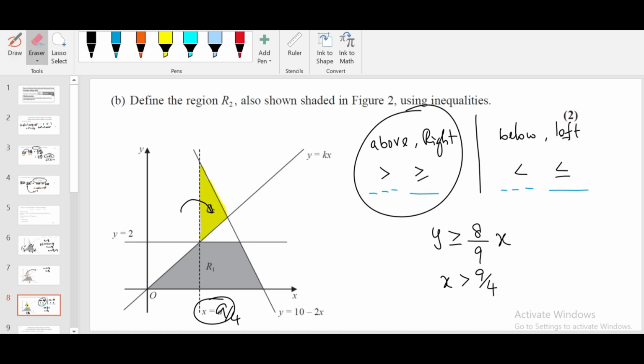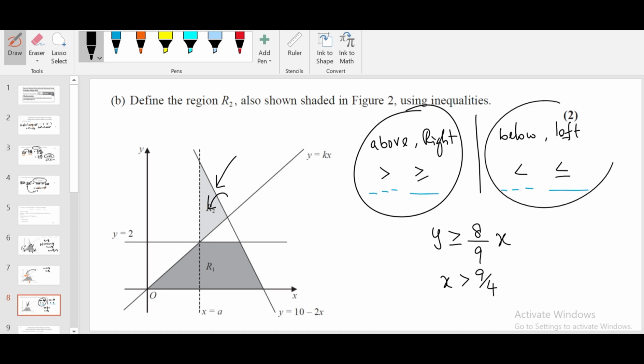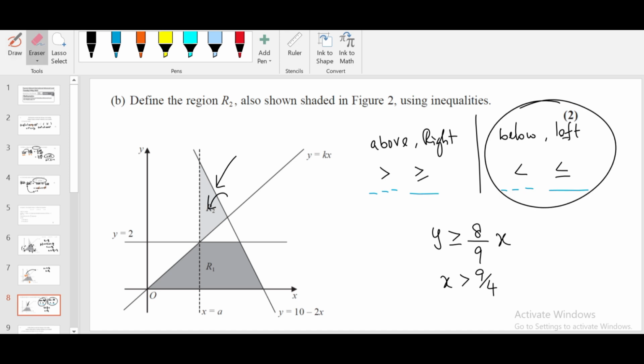And then this line, y is equal to 10 minus 2x, below the line is shaded. If it's below and a solid line, it should be less than or equal to, y is less than or equal to 10 minus 2x. That's how you find the inequalities that define the region.